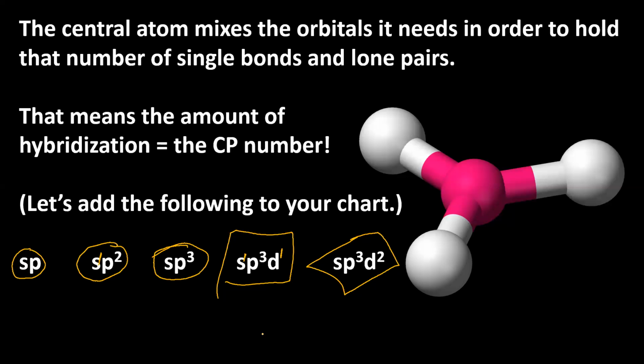Even though you think to get 6 pairs, one of those pairs is stuck in an S, 3 of them are stuck in P's, and 2 of them are stuck in D's. We can't tell any difference. The atom blends them all together into new kind of orbitals, and so we just call those new orbitals sp3d2. So that's hybridization. It matches your CP number. It just states which orbitals are involved to hold it all together. Any questions about that?